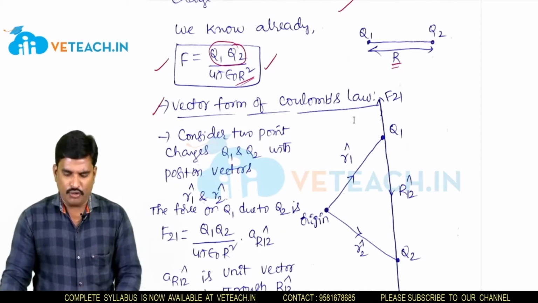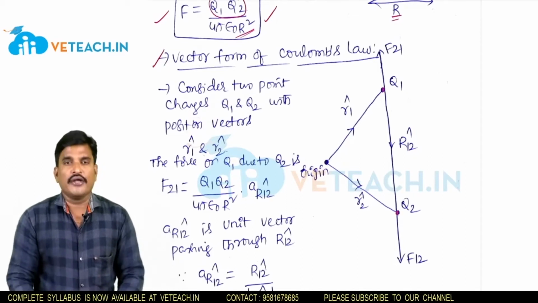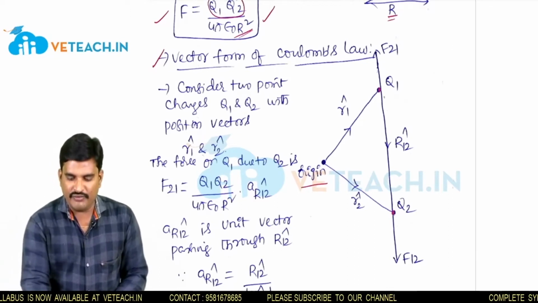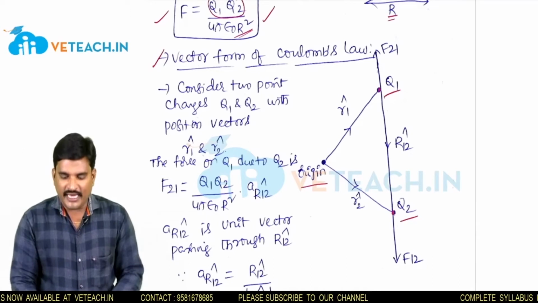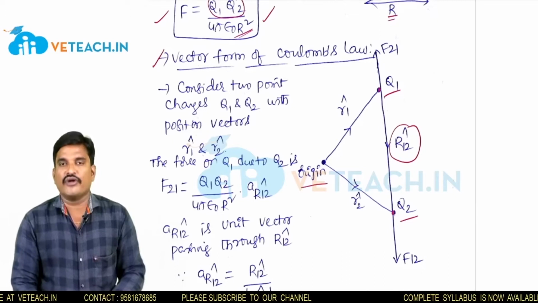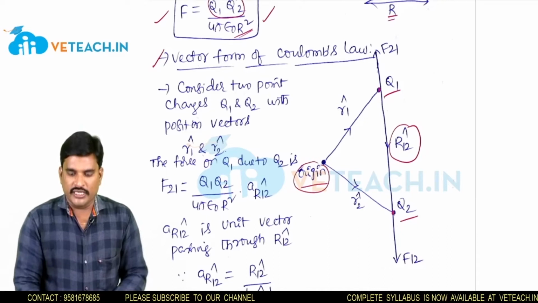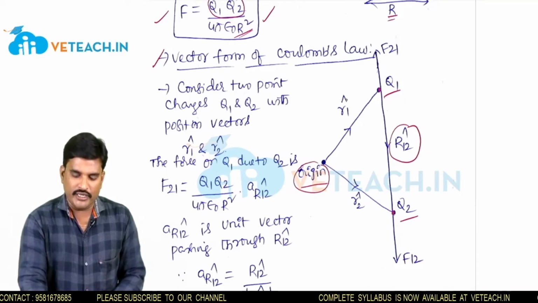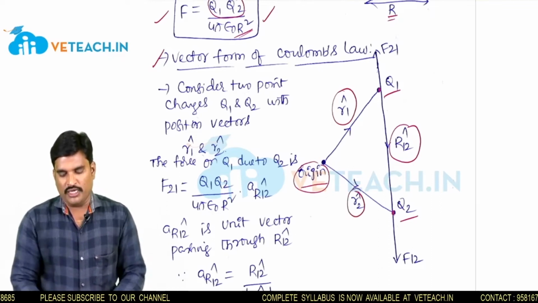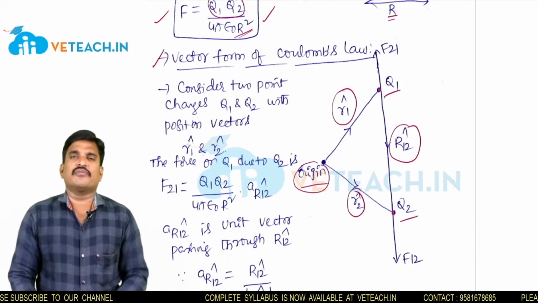Let me see the diagram, where I have two point charges Q1 and Q2, separated by some distance, and this position vector we call R12, a vector. Here is the origin. The distance from origin to Q1 is given by R1, and from origin to Q2 it is given by R2. This is the given information from the diagram.